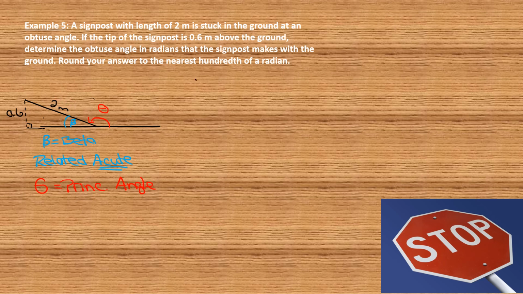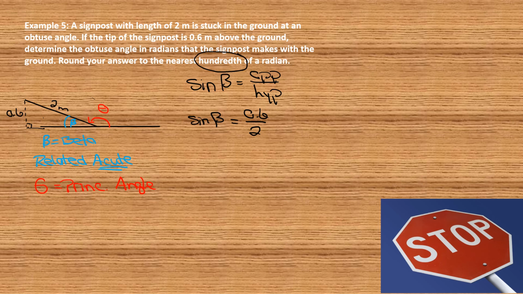You remember that from grade 10. We're going to use sine, and I'm putting a beta there. Sine of beta, so that's opposite over hypotenuse. Let's sub in some stuff here. Beta, I don't know what that is, but my opposite is 0.6. My hypotenuse is 2, so we definitely need our calculator, especially when it says hundredth, right?